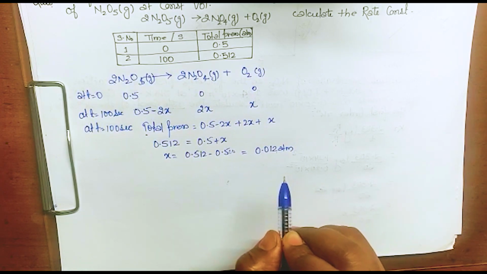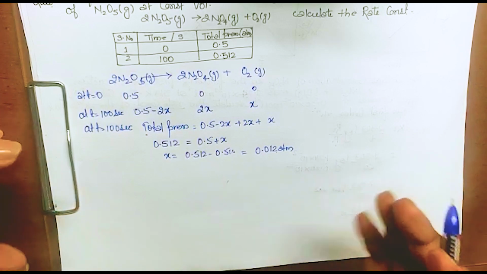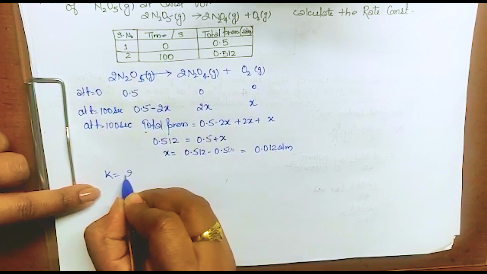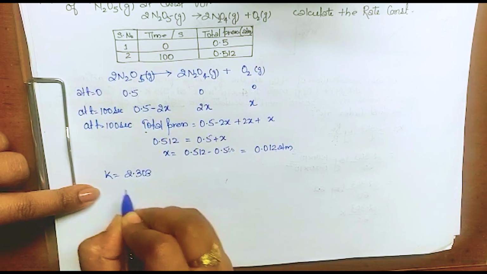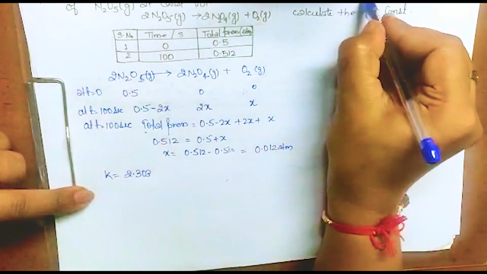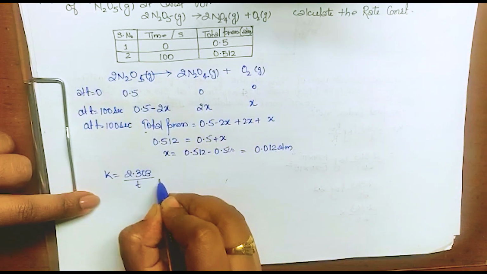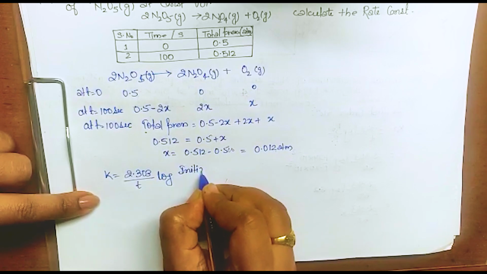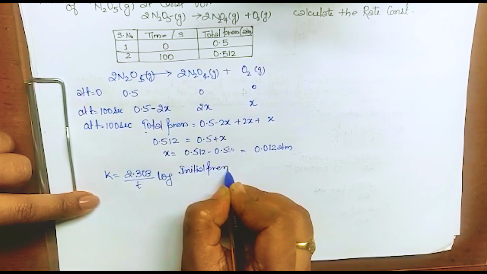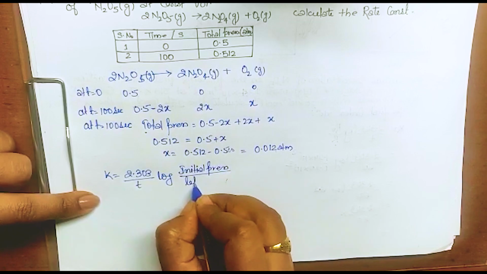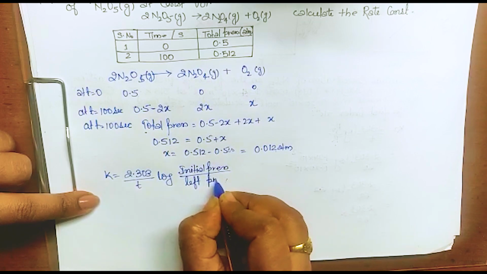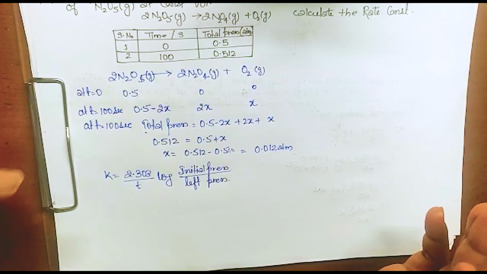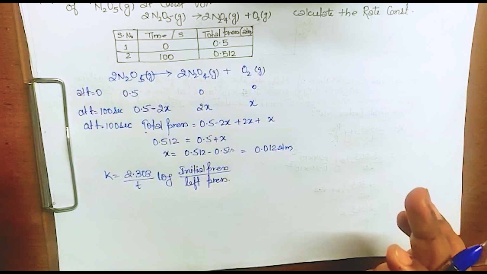Now you can use the formula. What is that formula? K is equal to 2.303 upon t log of initial pressure upon left pressure. Why are we using first order? Because it is mentioned first order here. You should know that in this equation there is no use of the product; we have to concentrate on the reactant only.